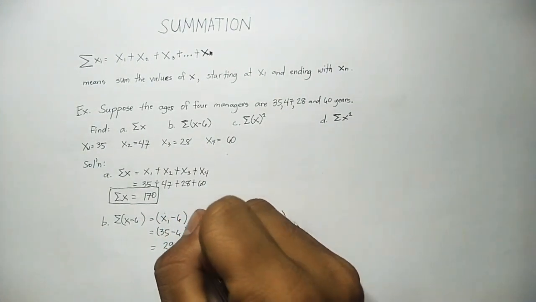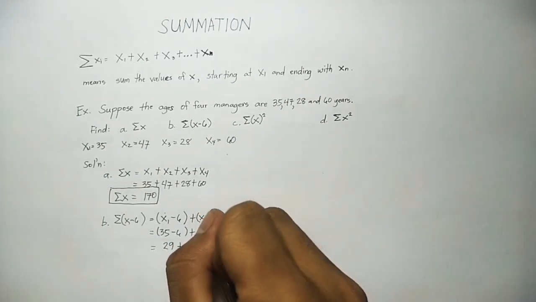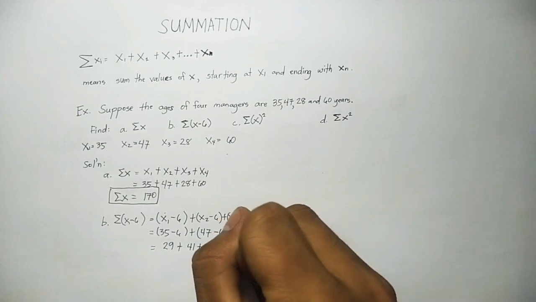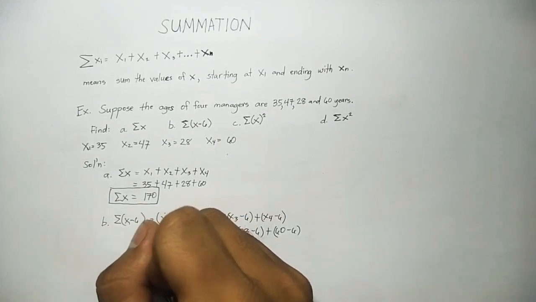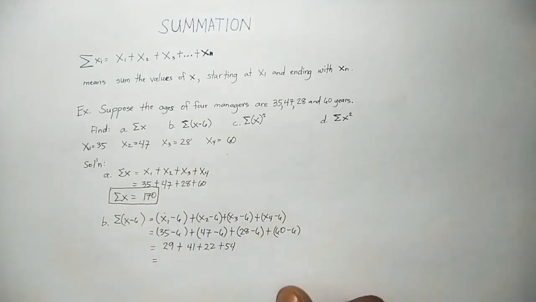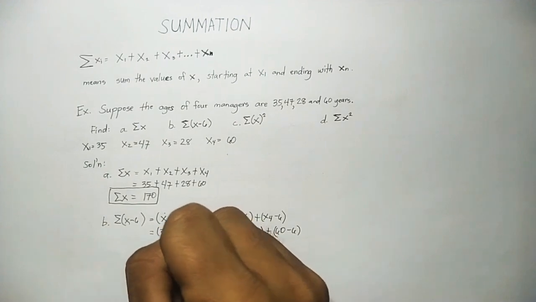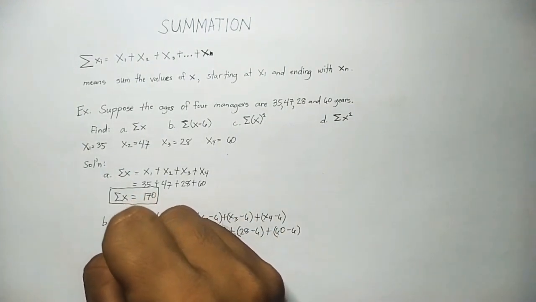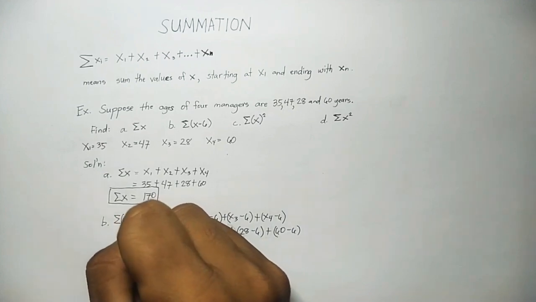So plus 41 plus 22 and then plus 54. So 29 plus 41, 70 plus 76. The answer is 146. So now we have our summation of x minus 6.